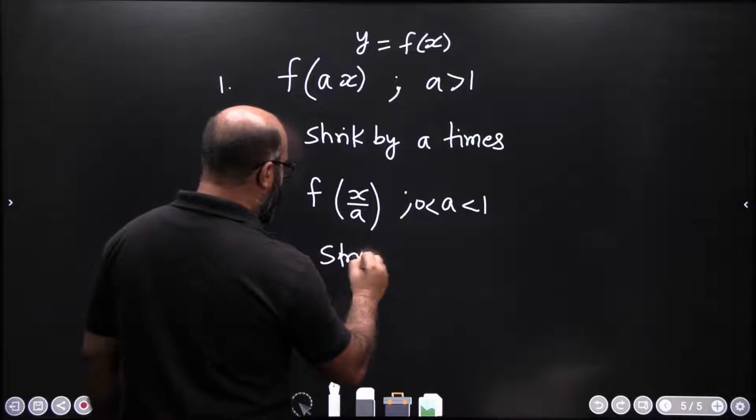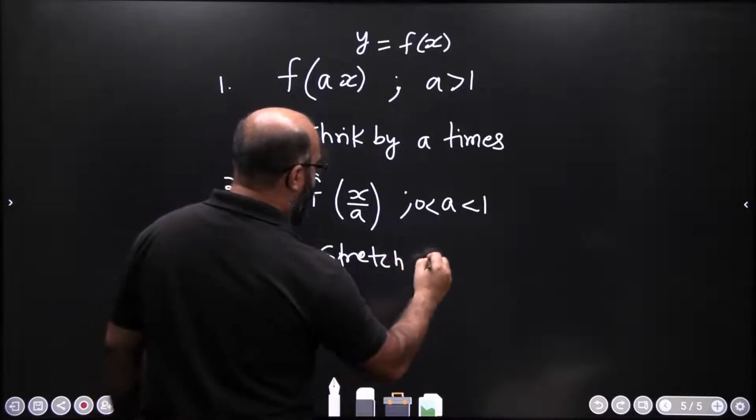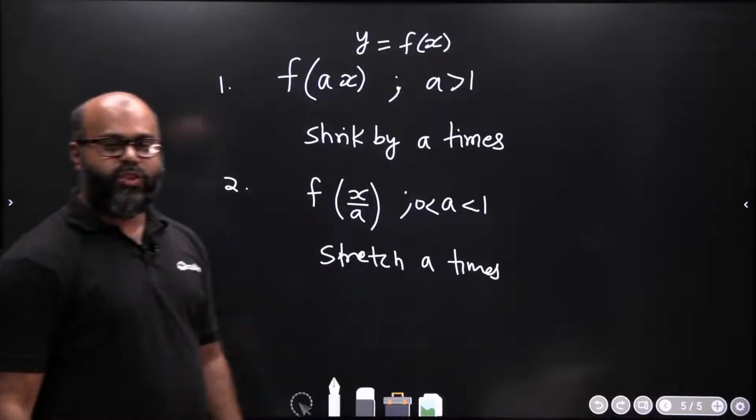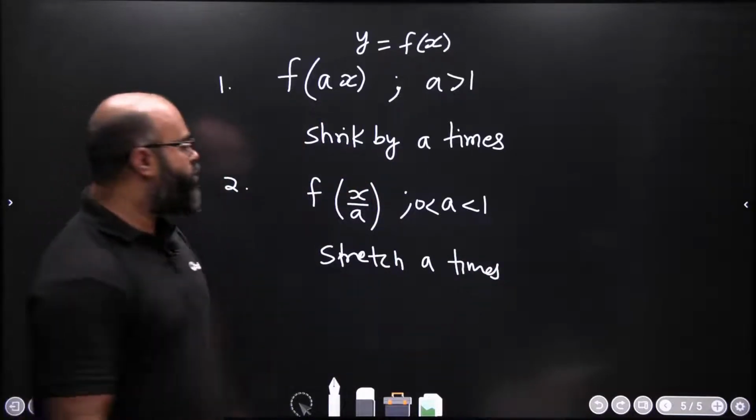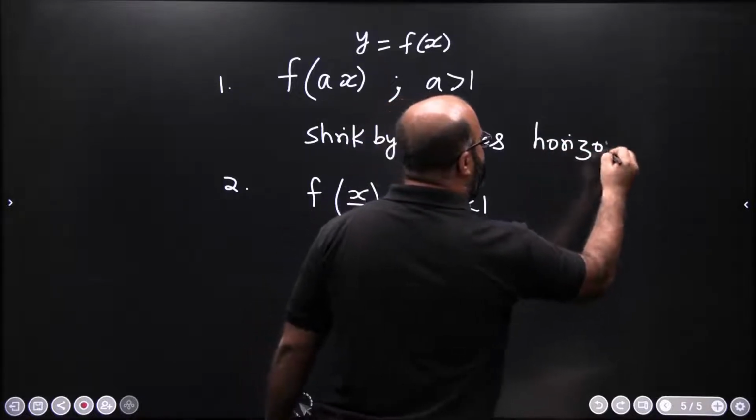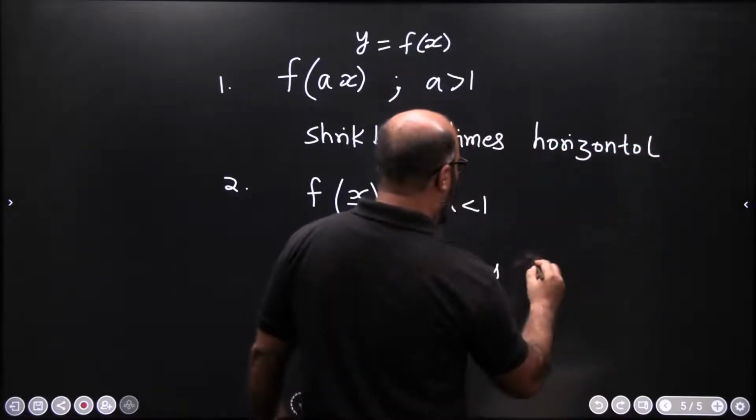It will stretch a times, and it will be vertical or horizontal? As we saw earlier, it is horizontal. So keep in mind it is horizontal here. Don't confuse that it is vertical.